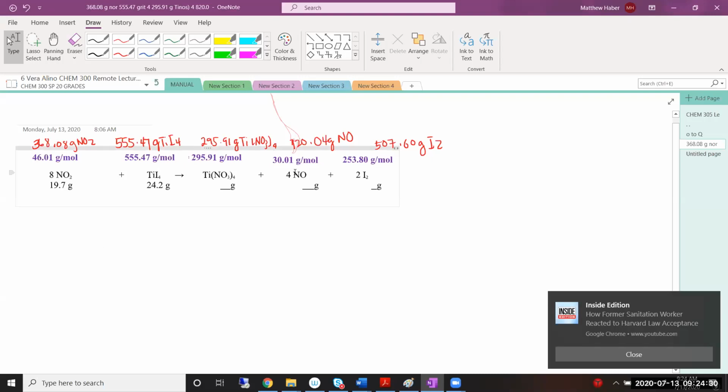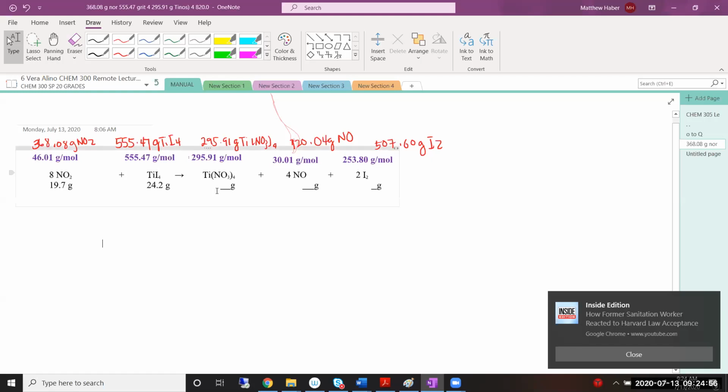If I form 4 moles of the product NO and each mole weighs 30 grams, then the total mass of NO that I will form will be 120.04 grams. And if there's 2 moles of I2 formed, and each mole weighs 253, then I double the mass. So the mass formed or collected will be 507 grams of iodine.